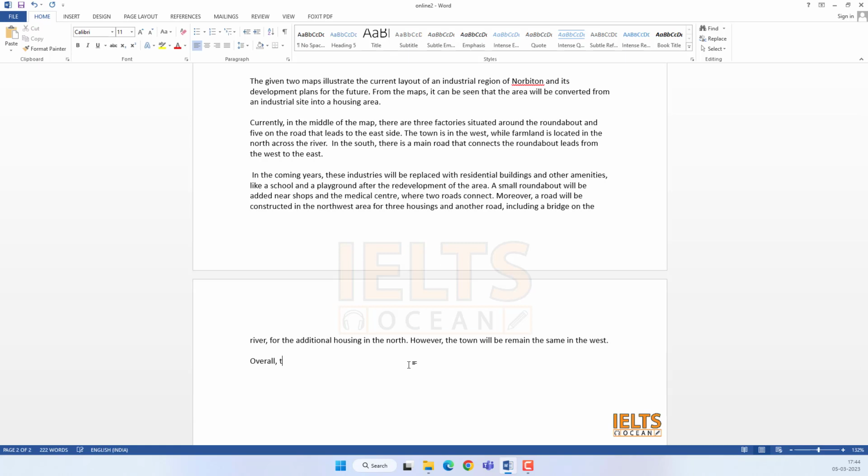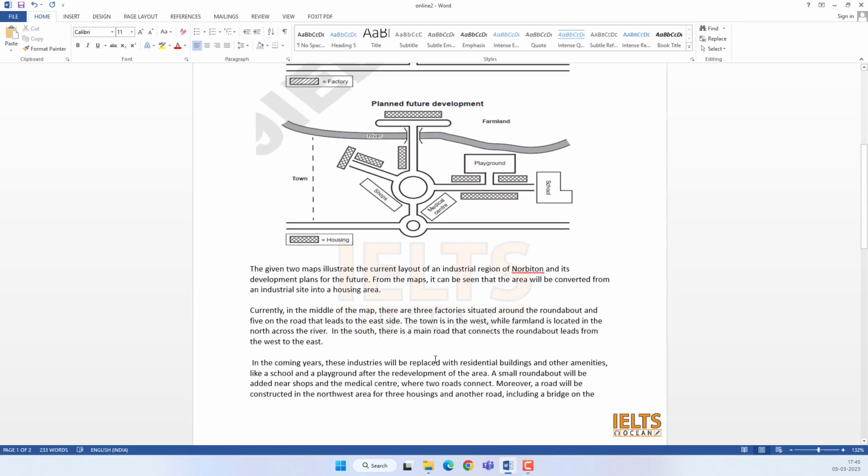Here the Norbiton area will witness significant changes during the development period. So we have completed our essay.